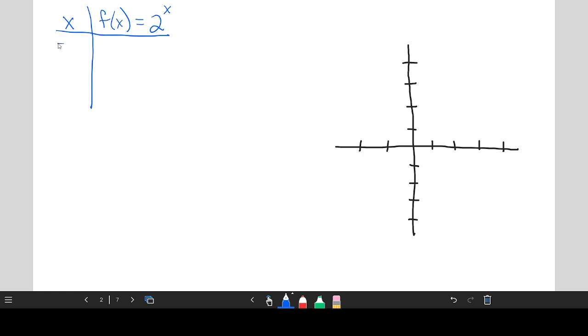I'm just going to choose a few x values so we get a variety, but we also have easy points to plot. So if we substitute each of these x values in, 2 to the negative 1, 2 to the 0, 2 to the first, 2 squared, there's our y coordinates. So we'll graph this.